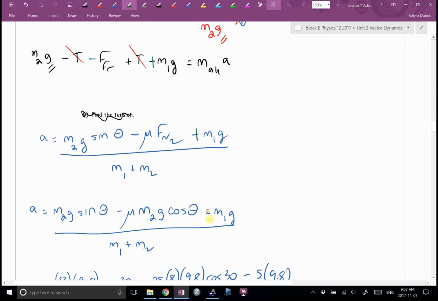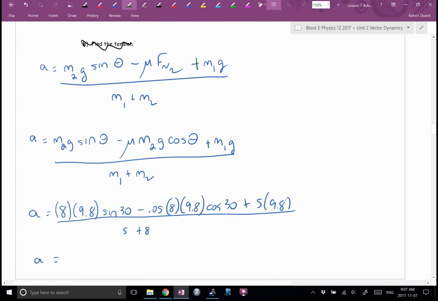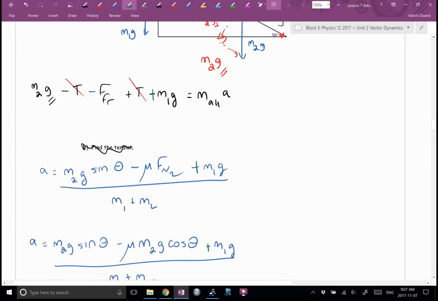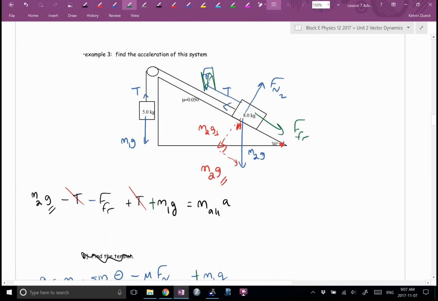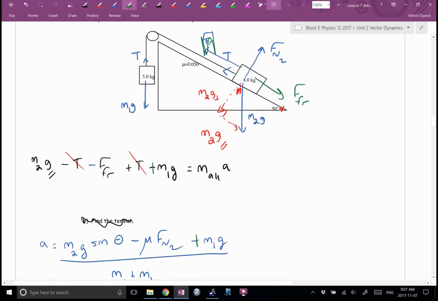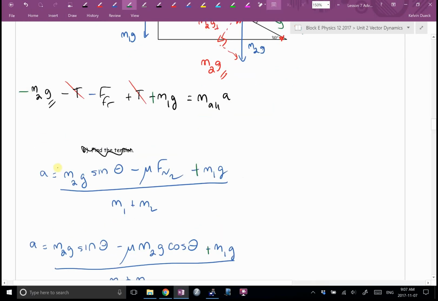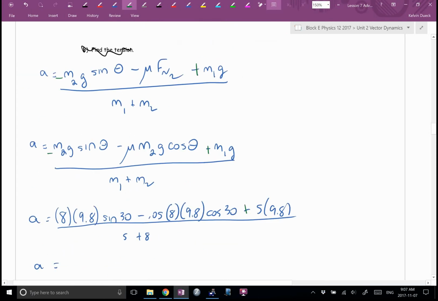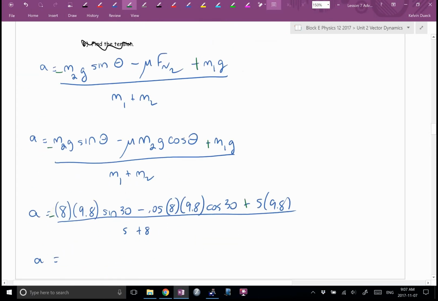Put a plus sign there. Put a plus sign in front of all of your M1Gs. Do tensions still cancel? M2G parallel, winner or loser? Loser. Put a minus sign there. Put a minus sign there. Put a minus sign there. Put a minus sign there.